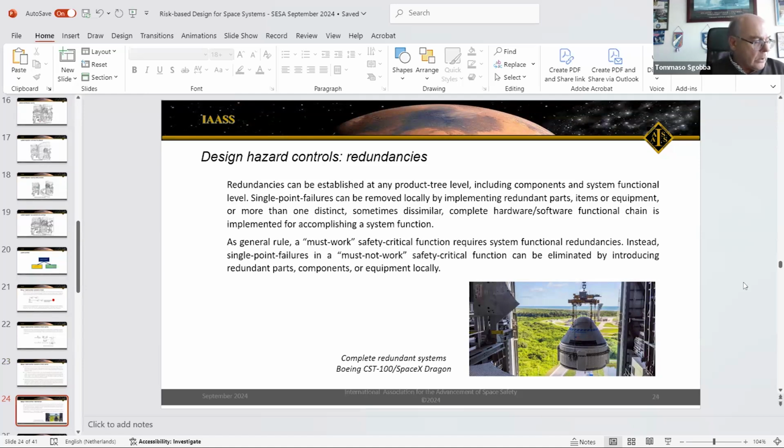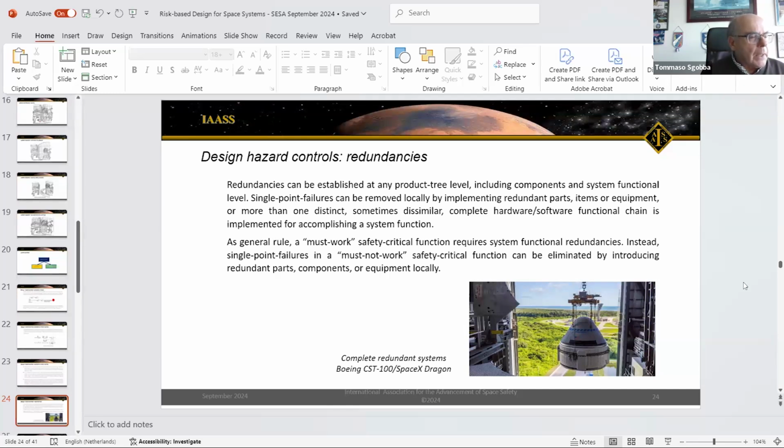Now, remaining on the topic of controlling the hazard, let's talk about redundancy, because here I wanted to pass you a key message, which is the following.